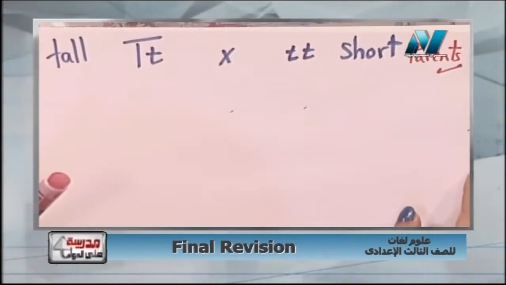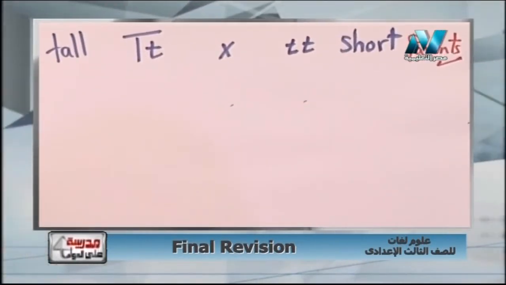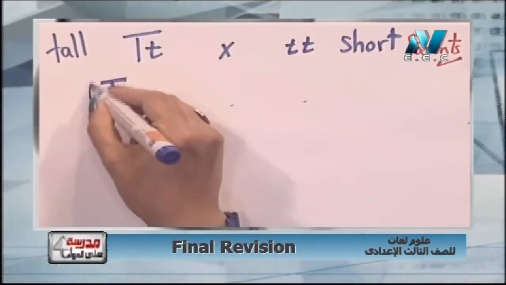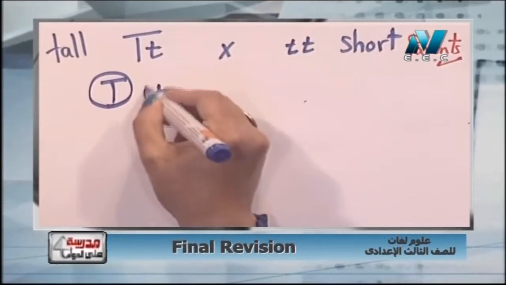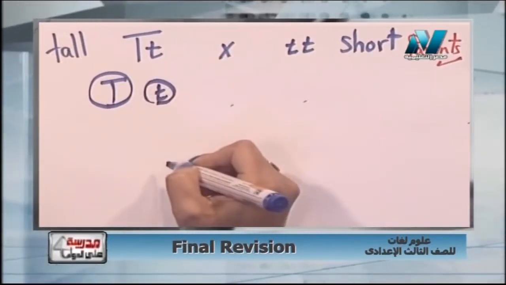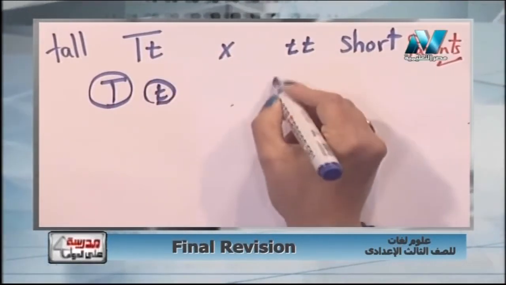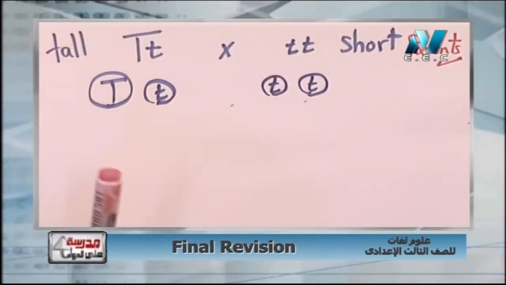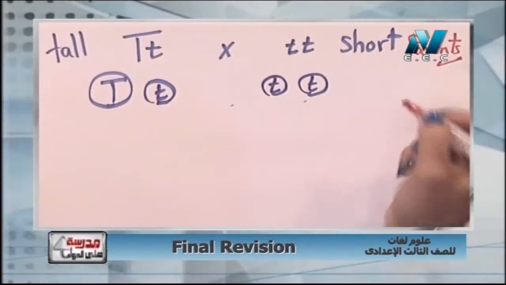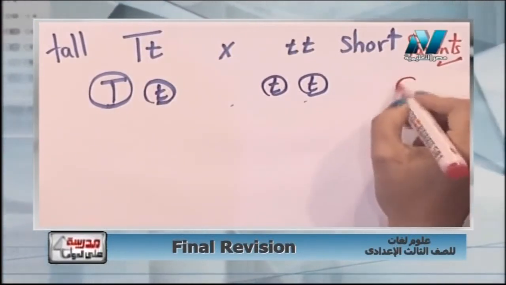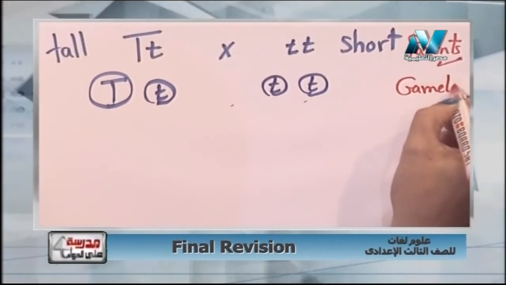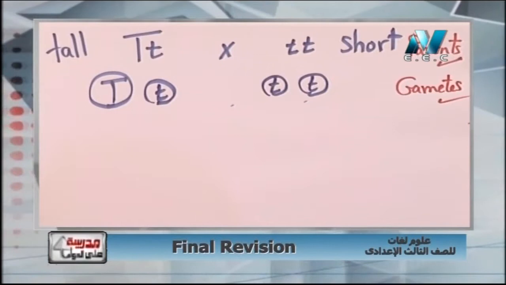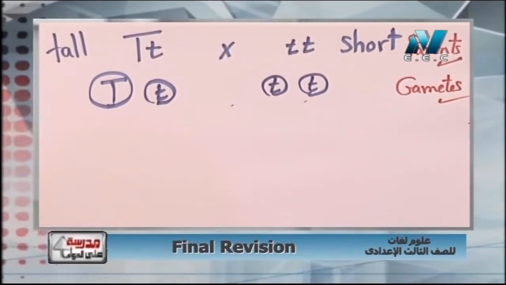The second, he needs the gamete. Divide the gametes: capital T in a circle and small t. This is the gamete of the first parent. Then we have the second one, small t and small t. Okay, let's cross it together to produce the offspring.